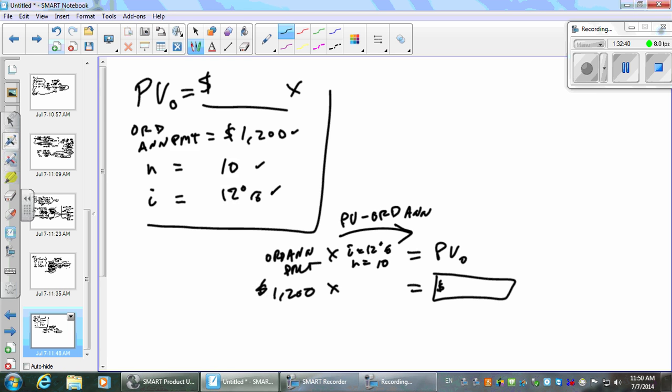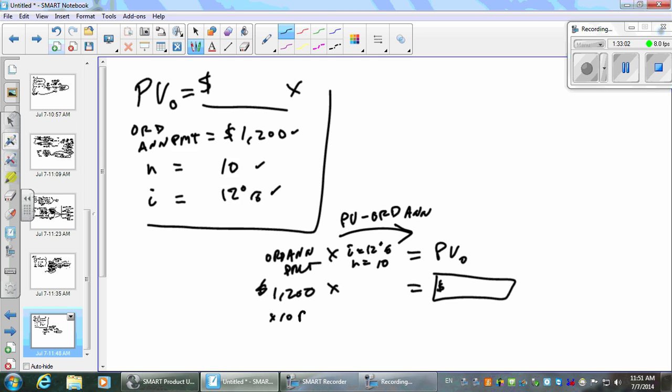Okay, so we're looking for present value of the ordinary annuity. That's the only table you have. Go to the 12% column, down to 10 periods. What's the factor? This is 10 factors added together, because we're receiving 1,200 ten times.